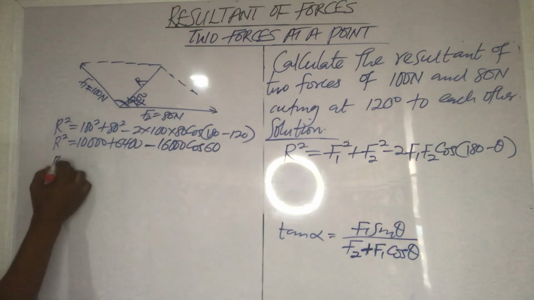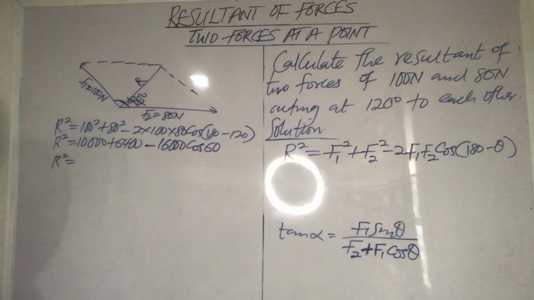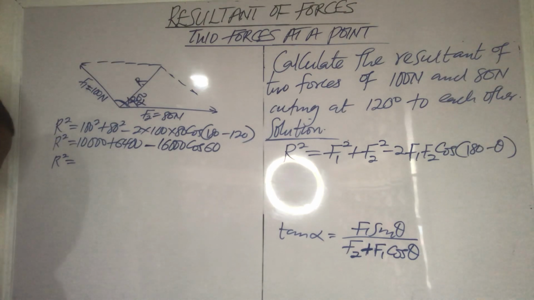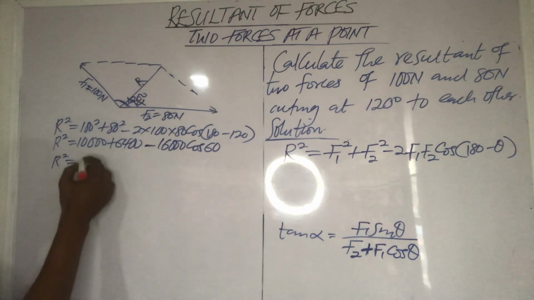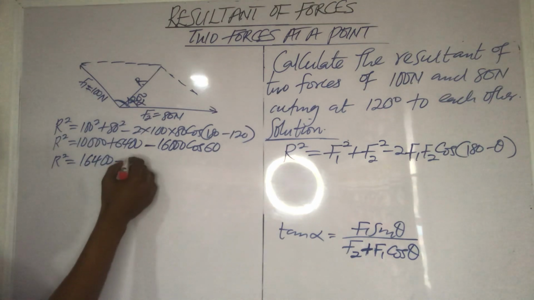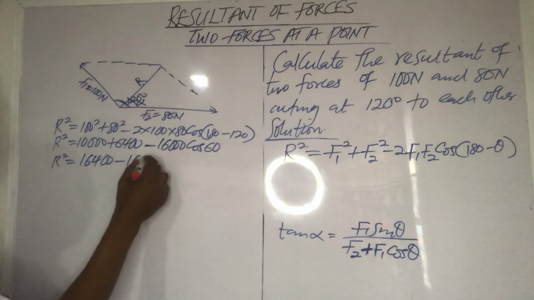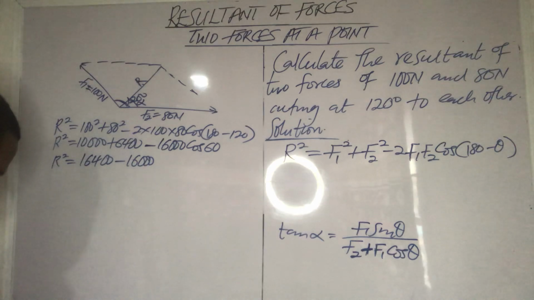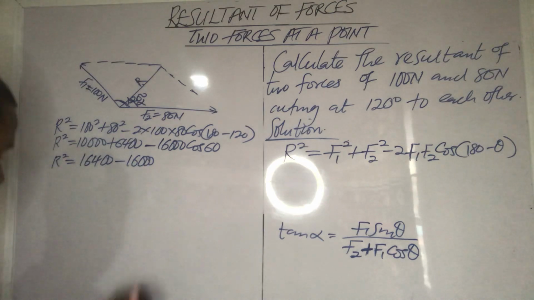So our R squared is equal to 10,000 plus 6,400, now 16,400, minus 16,000 cos 60.